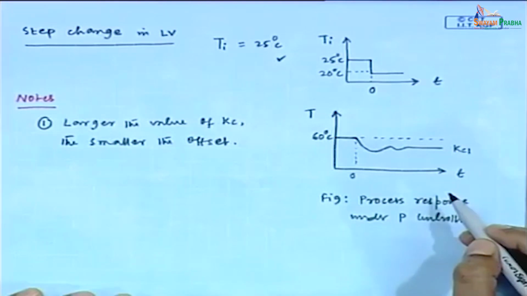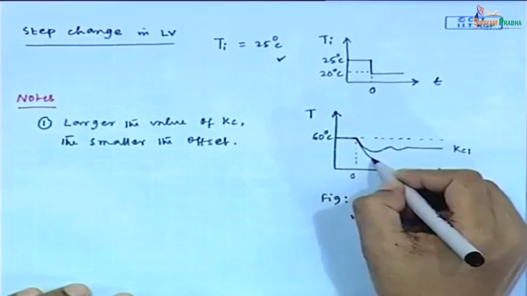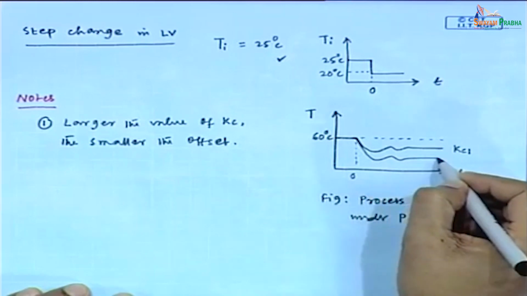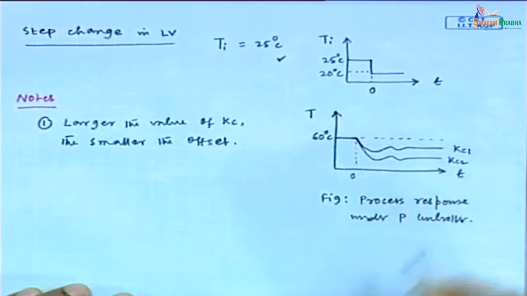Now, we introduce a step change in Ti, then the closed loop process responds in this manner. If we consider another Kc value, then the process responds like this. Fine. If we consider a different proportional gain value, then it responds like this.